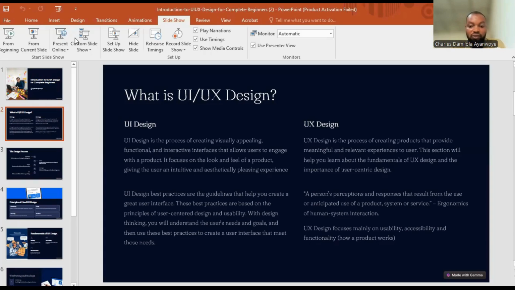It can be something you just have to interact with to know what it is and how it works. Do you understand? But this body defines UX as someone's perception, like the perception you have about something as the user of that thing, the responses that people get from the use or the anticipated use of a product, system, or service.